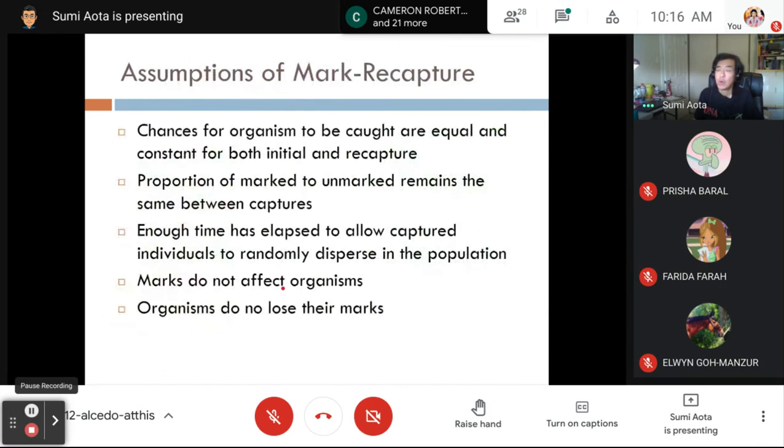And in order for this technique to work, there are basically five assumptions. Assumption number one, chances for the organism to be caught are equal and constant. Let me go back one.